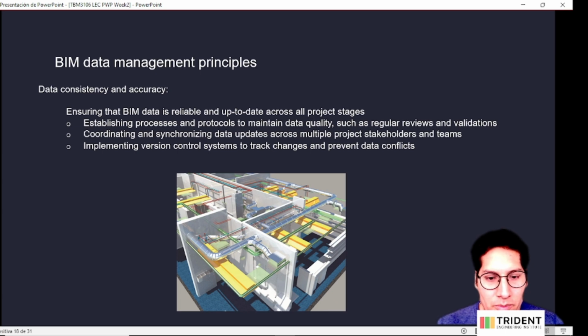As you can see in this picture, we have different MEP elements such as pipes and HVAC ducts. And we have to verify that all the systems are not clashing together. And if they are clashing, we have to make the corrections with the stakeholders that need to address this issue.